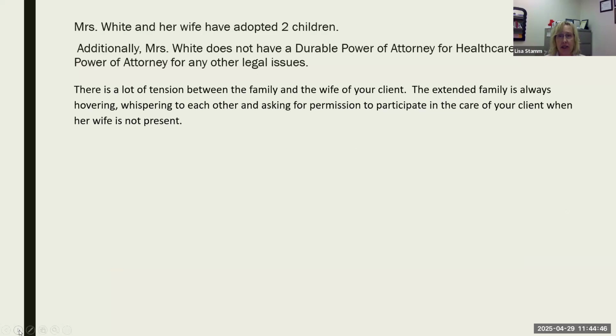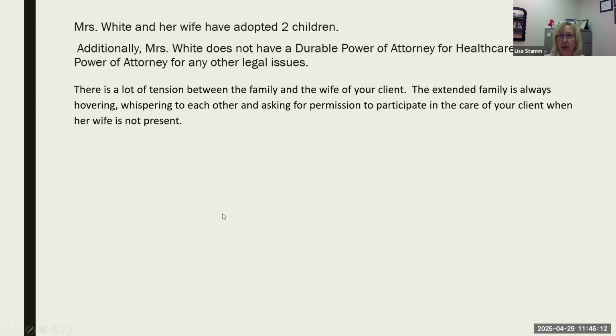Who's going to make her decisions if she can't make them for herself? Yes, the legal next of kin, which is going to be the wife. Very good. And that would bump her parents from making those decisions.